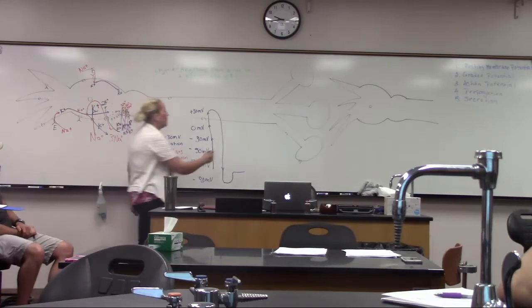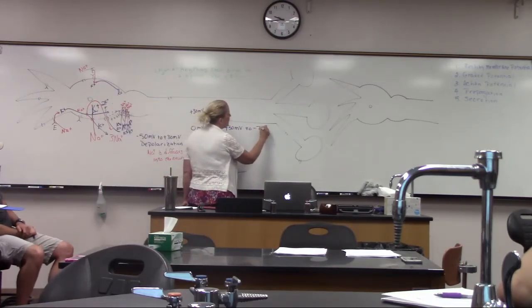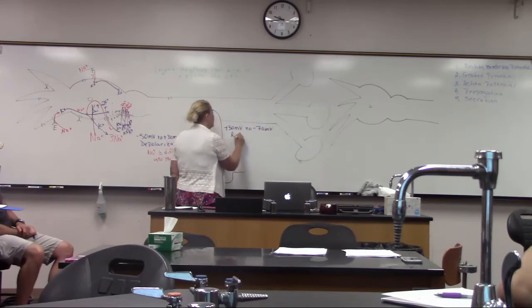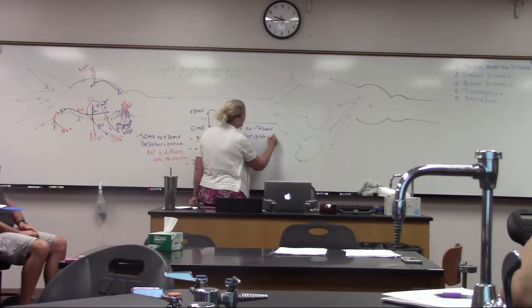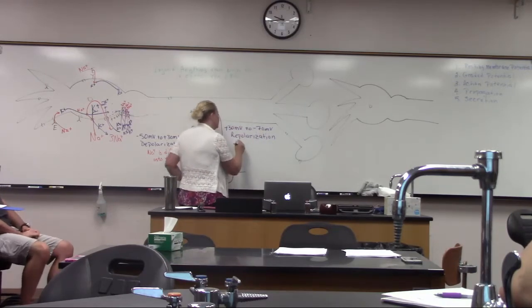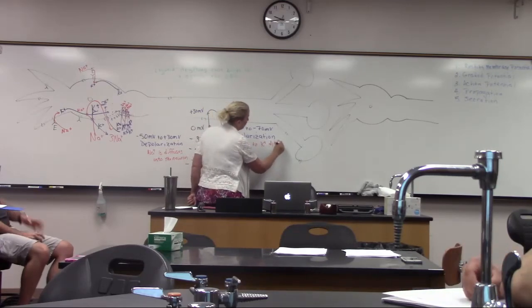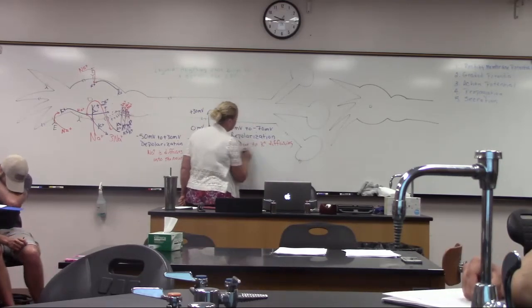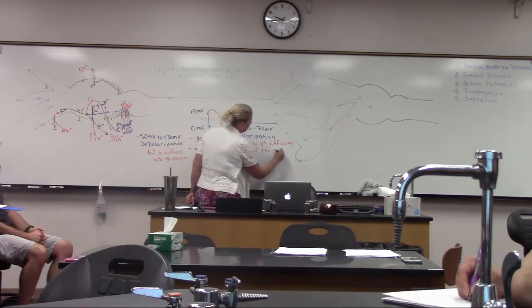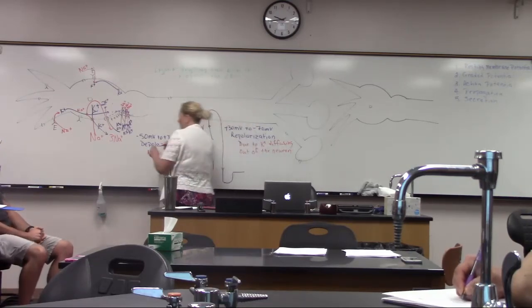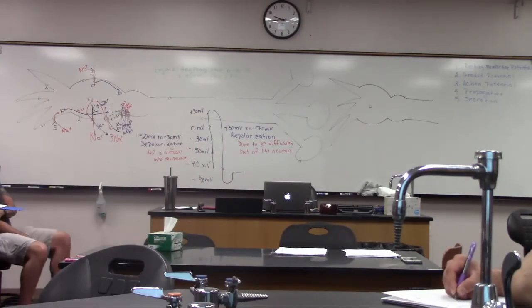And so from plus 30 millivolts to minus 70 millivolts, since the polarity is reversed a second time, we say this is repolarization. And this again is due to potassium diffusing out of our neuron.